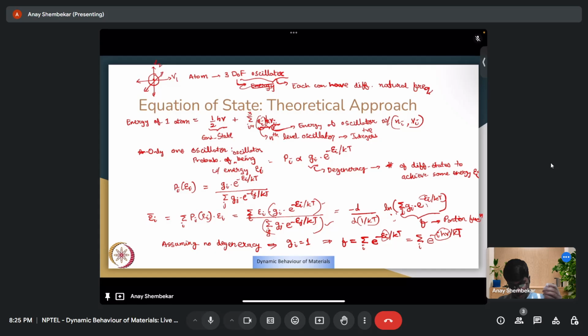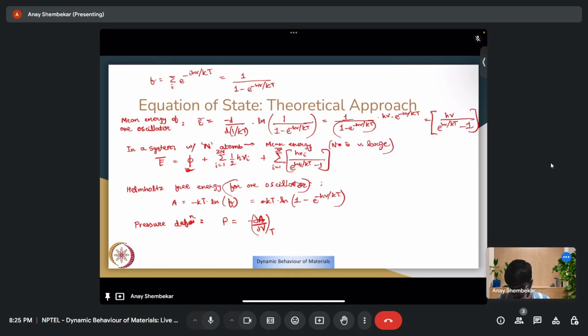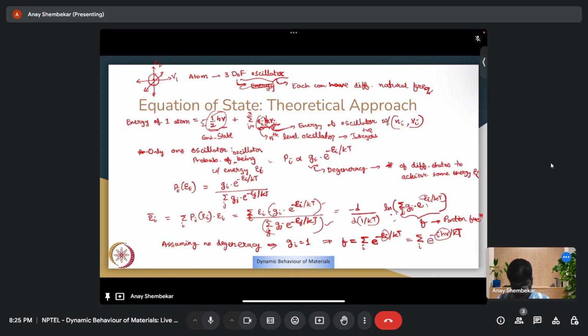And I think this half h nu should be added to each oscillator. I made a mistake. So each oscillator will have some energy equal to n times h times nu, and that oscillator may exist in different states with different probability.